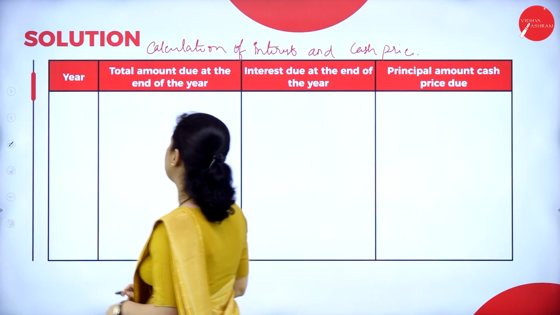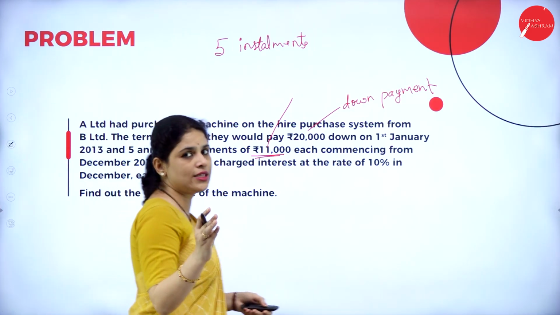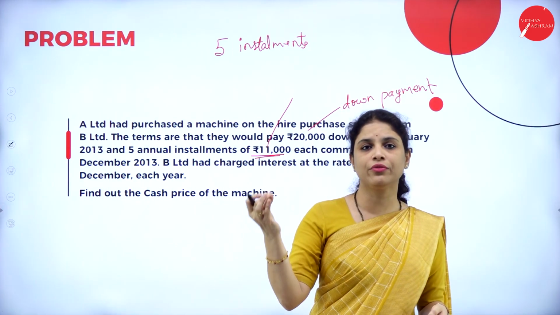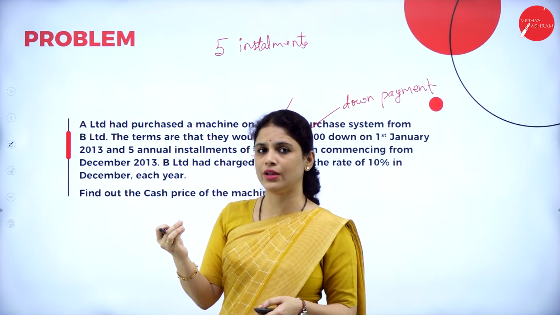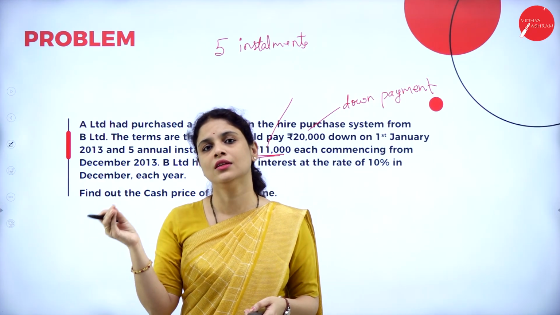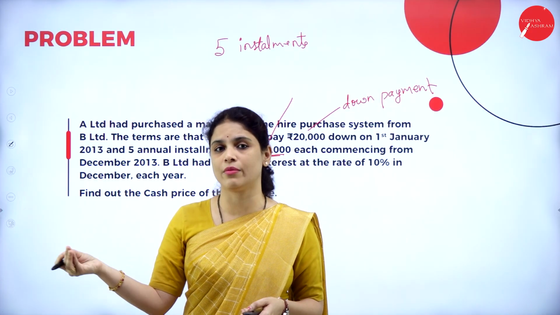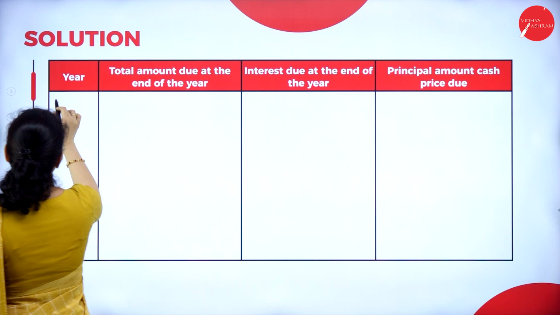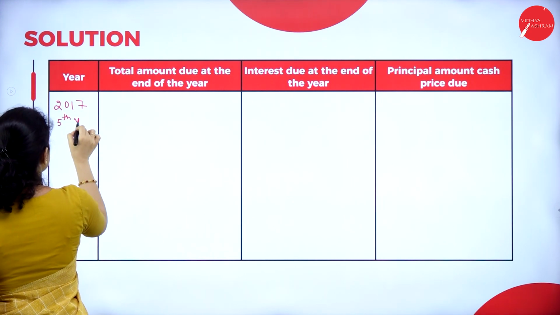So we will start with the last year. 2013 is the first year, then 2013, 2014, 2015, 2016 and 2017. So in 5 annual installments, 2017 will be the last installment. So we will start with 2017, that is the 5th year.